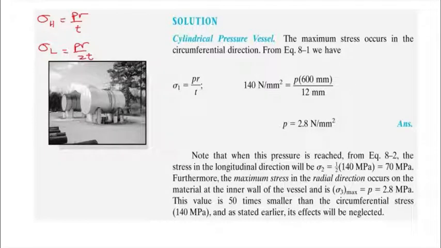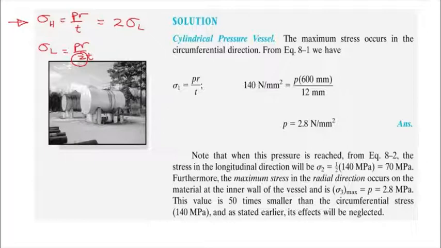Now looking at these two equations, we will know immediately that the stress will be higher here by a multiplier of 2, for a certain pressure value. So this is equal to 2 times sigma L for a cylinder.